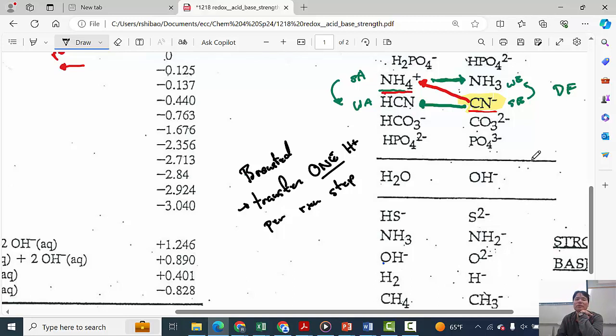An example of this would be phosphoric acid. H3PO4 has 3 acidic hydrogens, and hydroxide is a strong base. And so what we do is we just do this one step at a time. This would form H2PO4 minus, plus water.